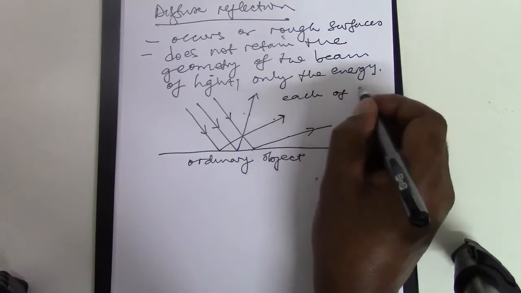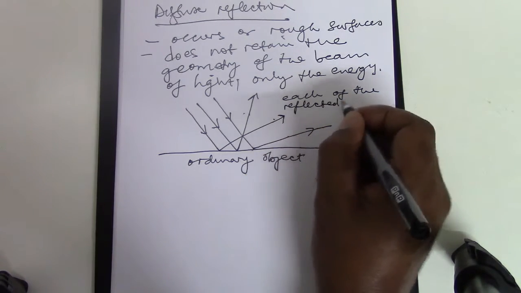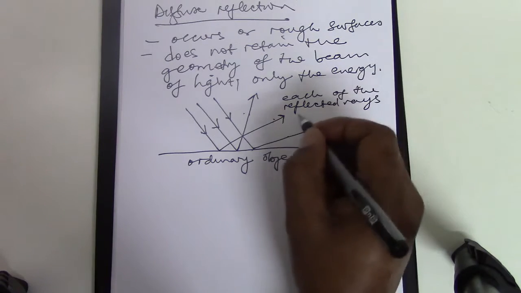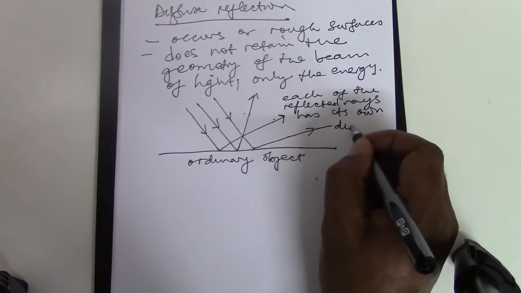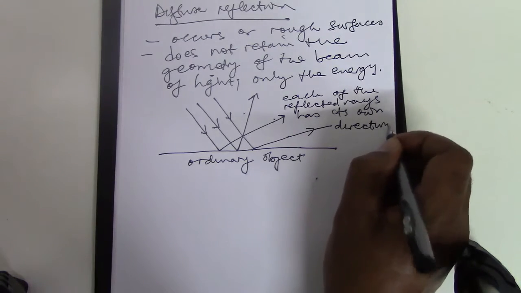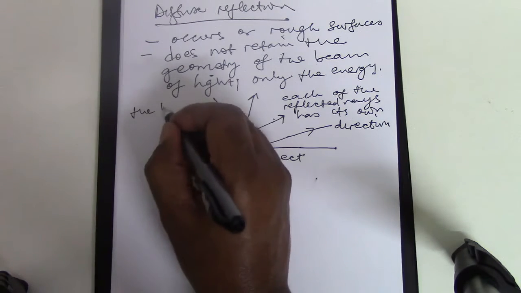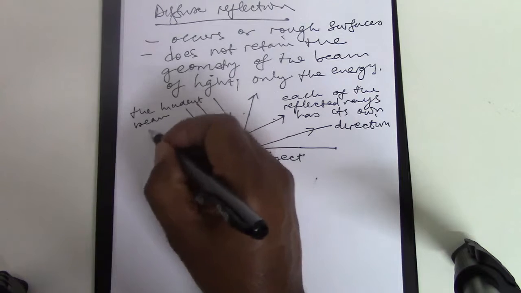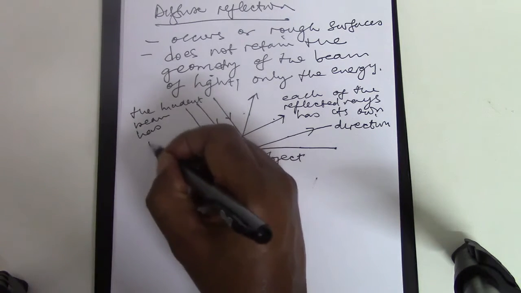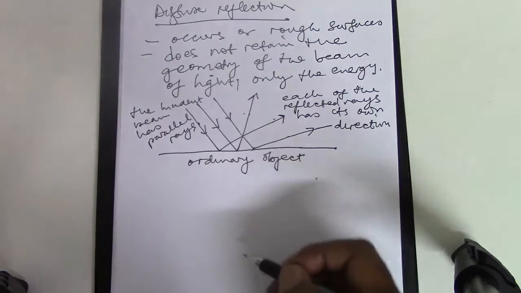Each of the reflected rays has its own direction, whereas the incident beam has parallel rays.